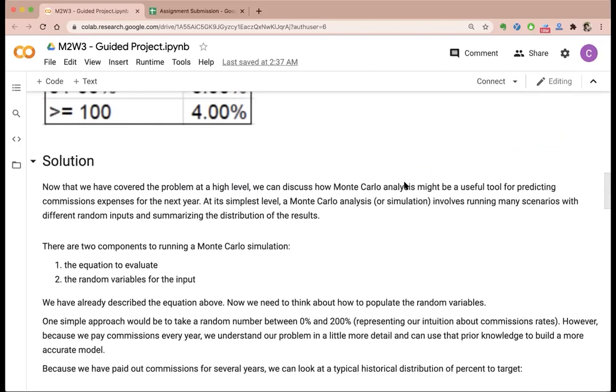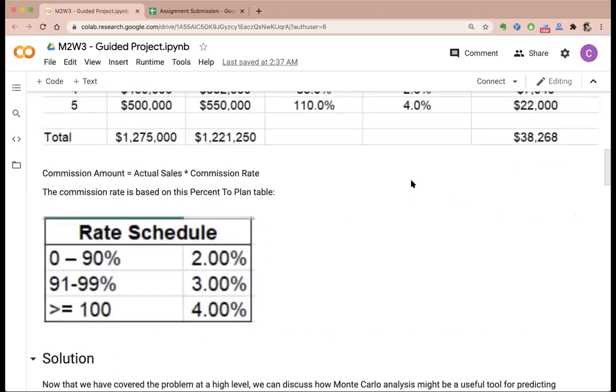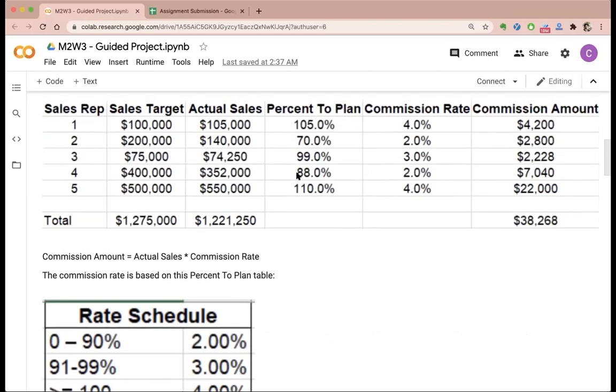Okay, so coming back to the problem, what I was saying is that we have to simulate two random variables. We were always saying that we have to simulate two input variables.